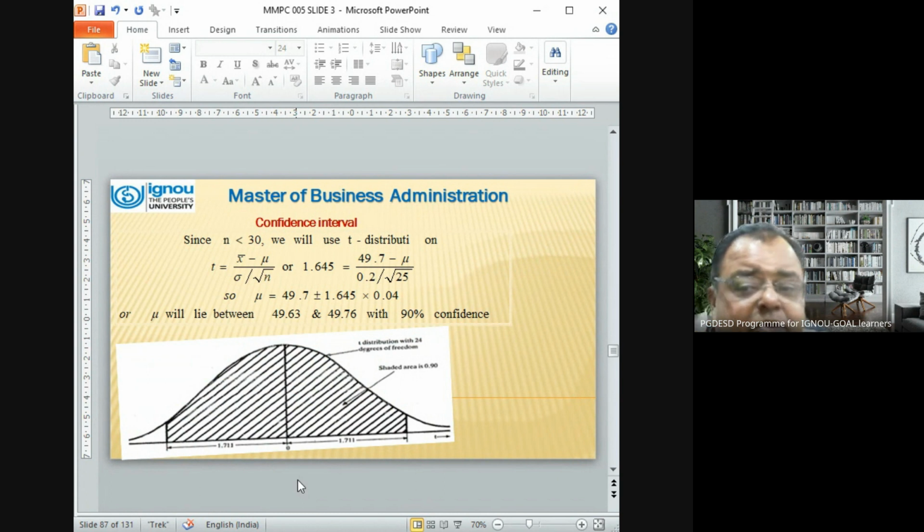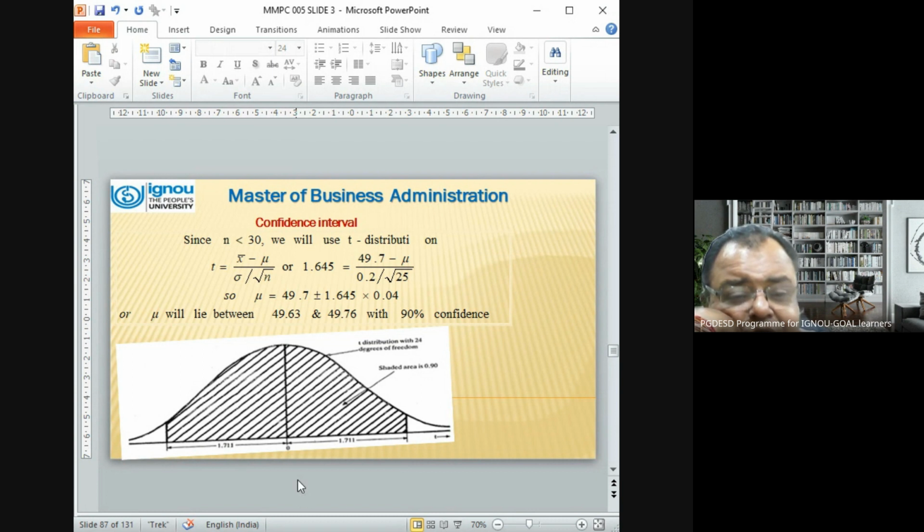Now some of you might be thinking of why this 49.7 plus minus 1.645 is written. How many of you have this question in your mind? You can see it is written over there that mu is equal to 49.7 plus minus 1.645 into 0.04.